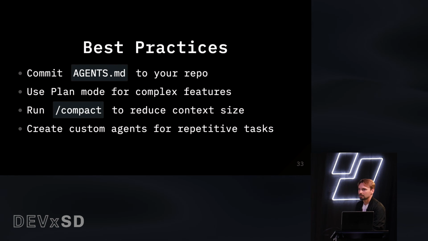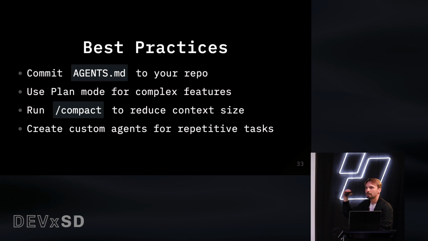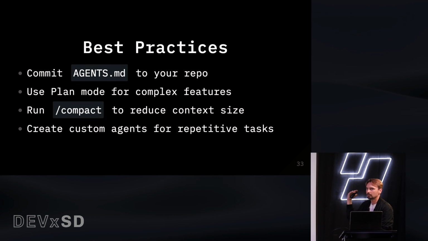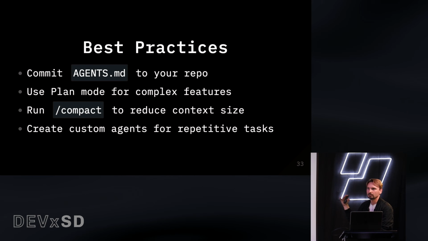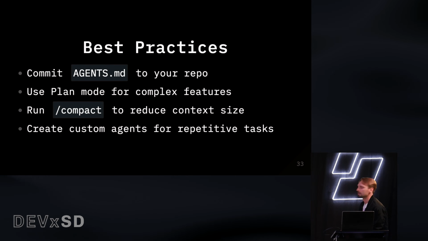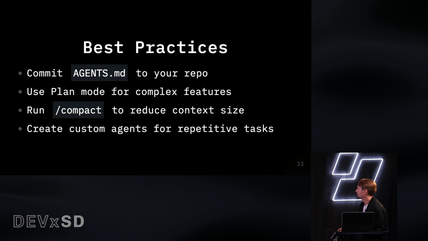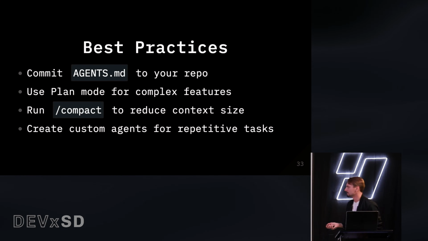Once you get far into your activity with the agent, you might want to compact and say, hey, let's refresh this context window, because the more that builds up, the more your agent might lose track of what it's doing. It's kind of like giving it a lunch break, so to speak, which we all had. Create custom agents for repetitive tasks. So this is really key here.